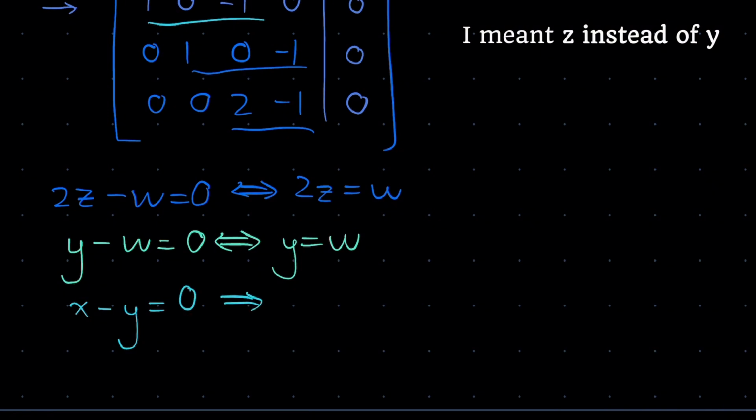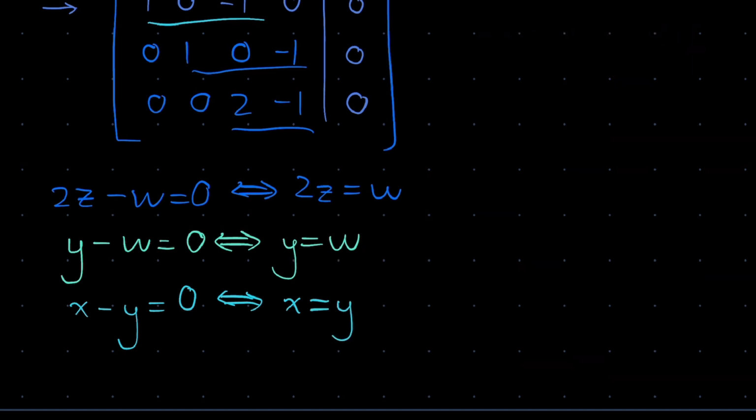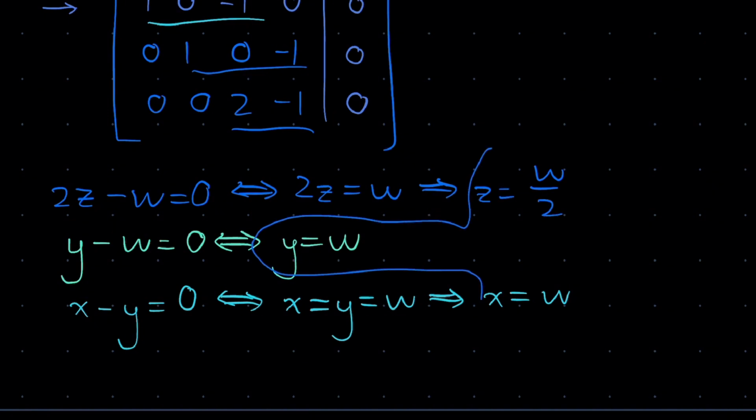But we also know that this means x equals y, but y is equal to w. So in total, what we have as a net equation is x is equal to w. All right, and let me just put this in a further format. So z is equal to w over 2. So now every one of the coefficients is in terms of w. So this means w is our free variable, which means that we can basically pick any value for w, and each of these coefficients are going to depend on what we choose for the value of w.